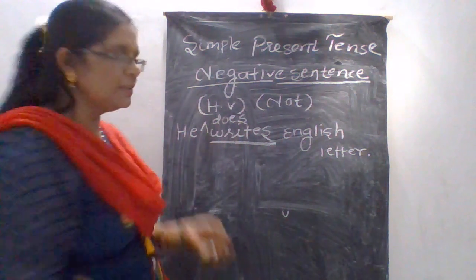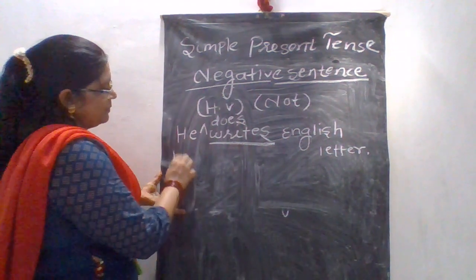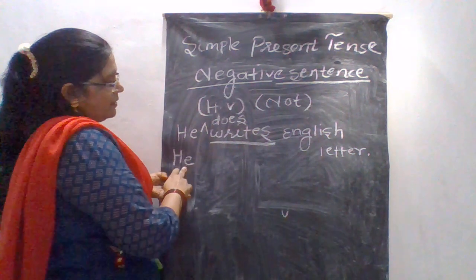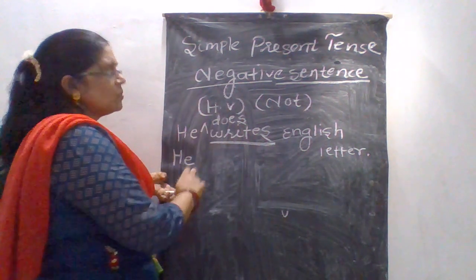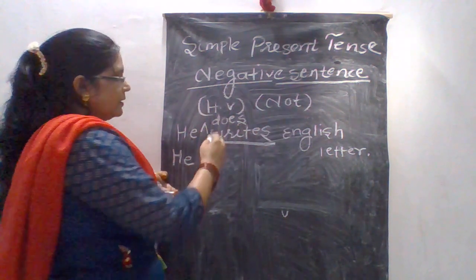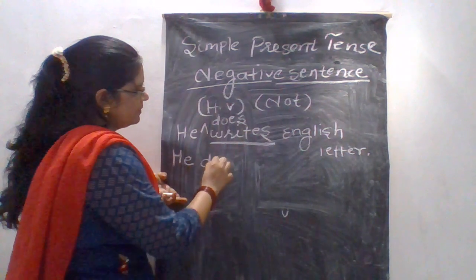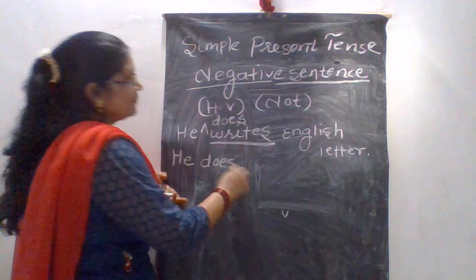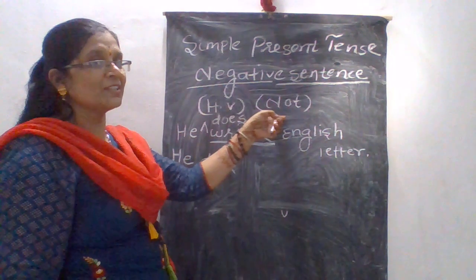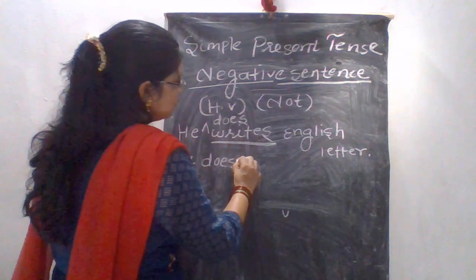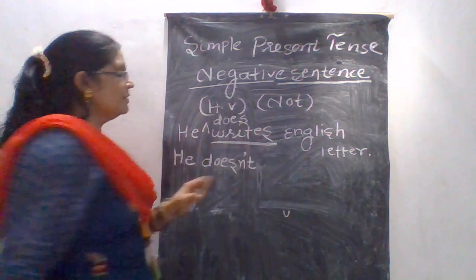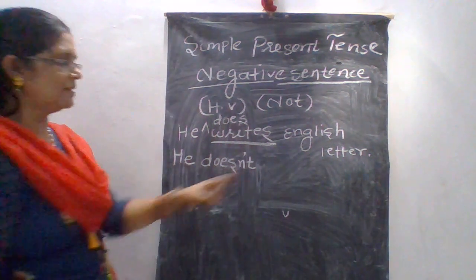Now how to make it negative? Just see here. First of all take the subject, he. After the subject, always add the helping verb, then the main verb. So the helping verb we have added here, does, but we are making a negative, so don't forget not. So can we add the short form? Okay, we are adding here doesn't.